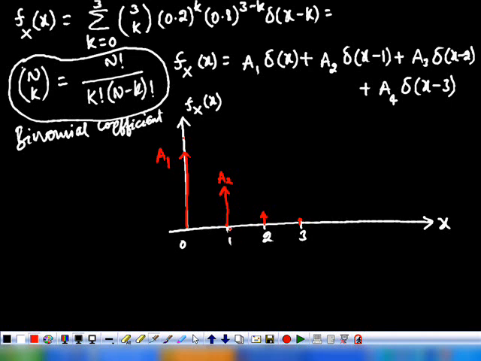How can you check whether it is correct or not? How can you verify whether the probability density function that you obtained is valid or not? See, the area under the probability density function must be equivalent to 1. Are you getting?